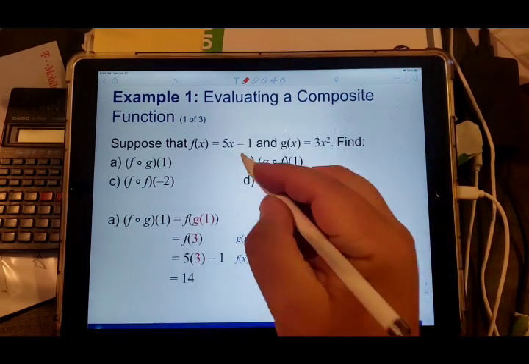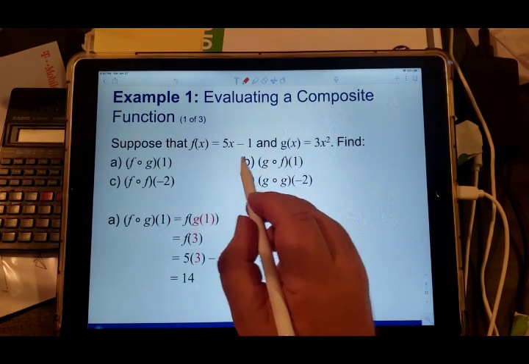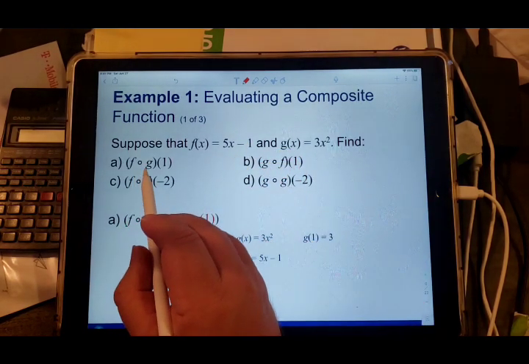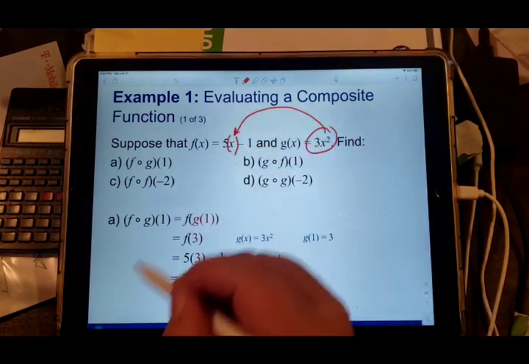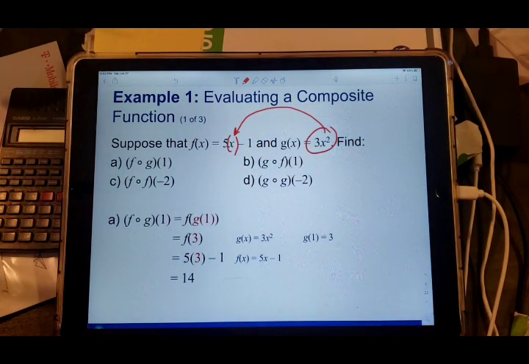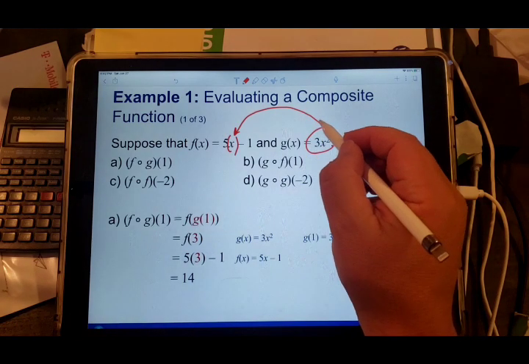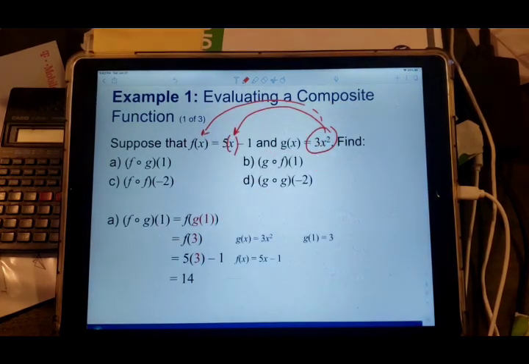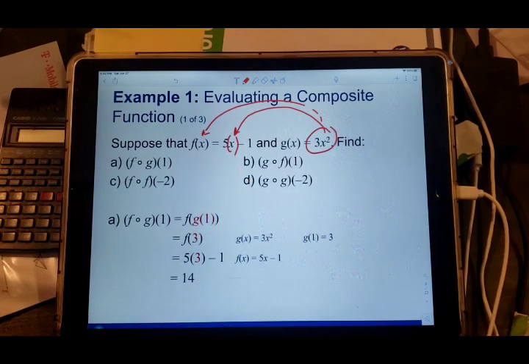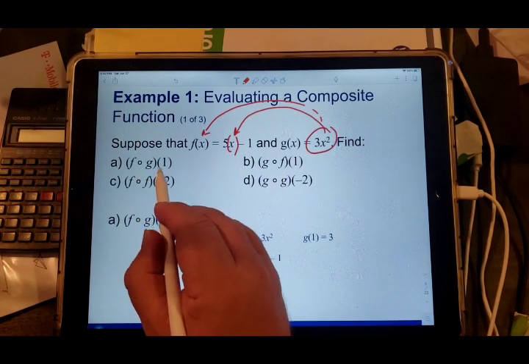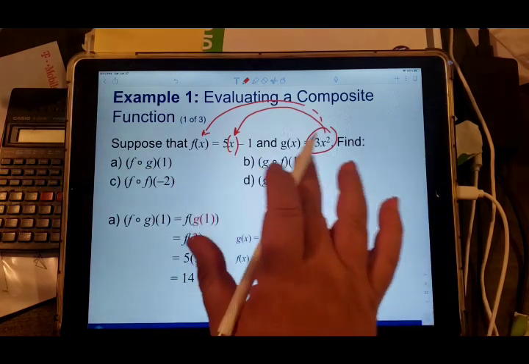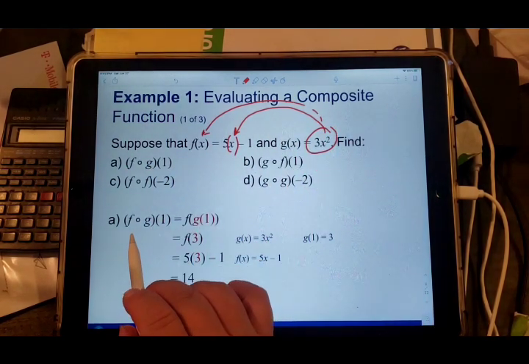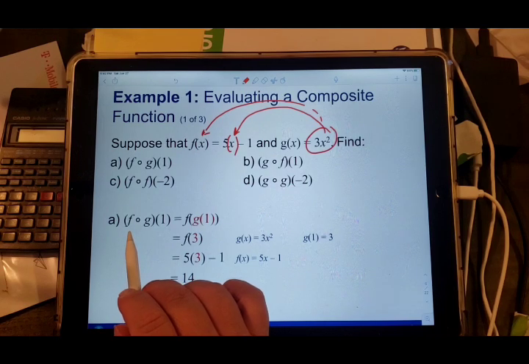All right, so you have two functions, and f of g of x means I'm going to take g and put it in as the argument. Maybe I should have drawn the arrow here, right? But since x only occurs one time, so this, well, it says 1, okay. F of g of 1 means I'd put in a 1, but we'll just look at it. So here's the procedure.